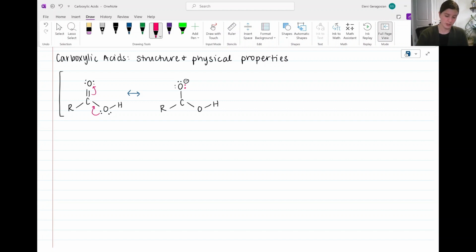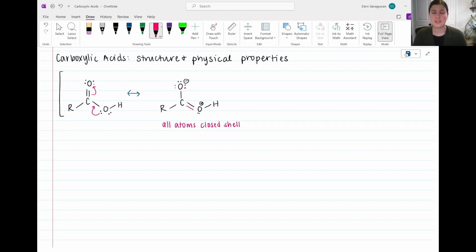Then we have a new double bond between carbon and the oxygen that's part of the OH group, and so this oxygen has a positive charge. In this structure, all atoms are still closed shell.